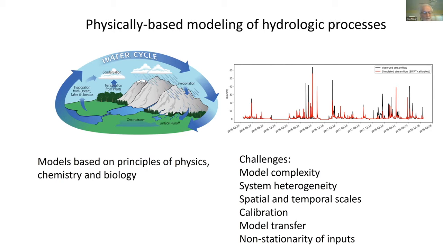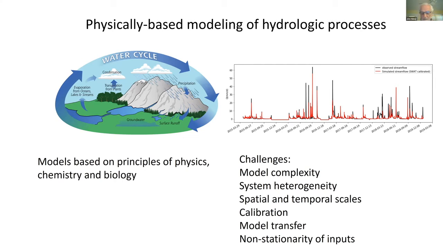Some of the challenges for physically based hydrologic modeling are listed here. I'll just talk about a couple of those at this point. So for instance, model complexity: there's the question about how many process components should be represented in the model, how detailed those process components should be represented, et cetera.